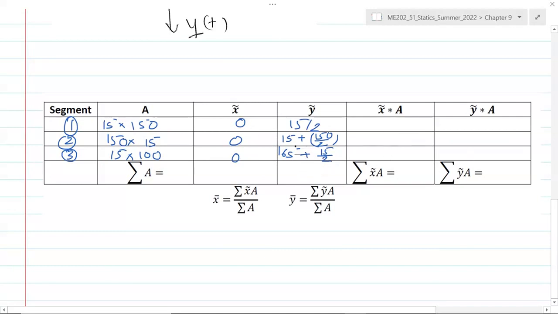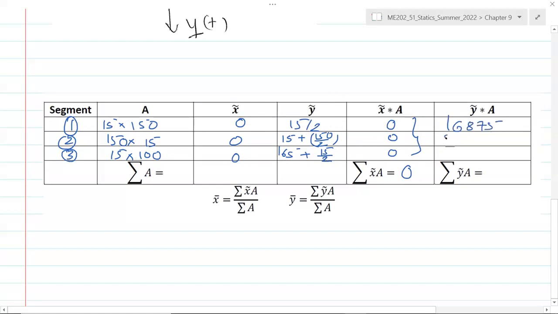Now the remaining entries are made by simply using this calculated number. So this is x tilde multiplied by A, this area multiplied by this. Since x tilde is 0, all these terms are 0, and sigma A is the summation of the entire column, that is 0 as well. Now for y tilde, it's area multiplied by this number, which is 7.5. So that is 16875.